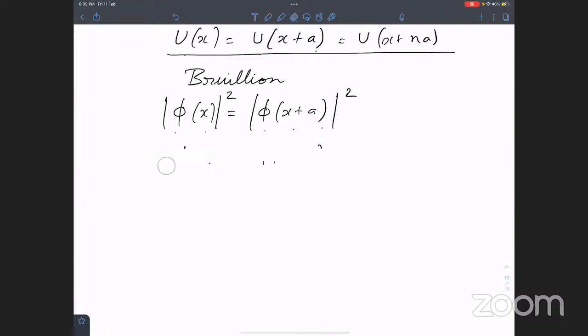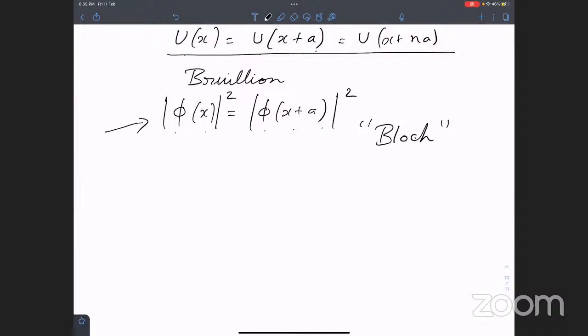But there is a way to solve this issue. So if my wave function is of the following form, if the wave function had to satisfy this condition, then we can prove that. And another scientist worked on this. His name was Bloch. So we have something called the Bloch wave function, right?